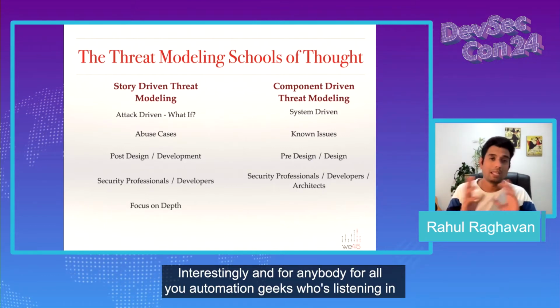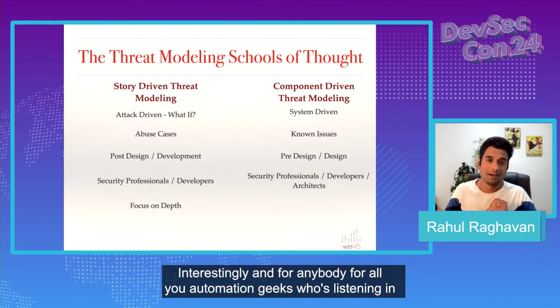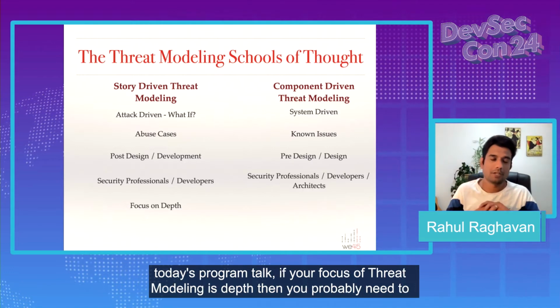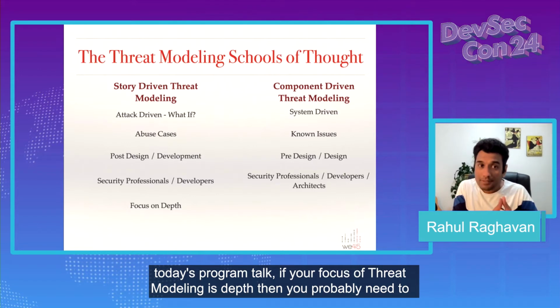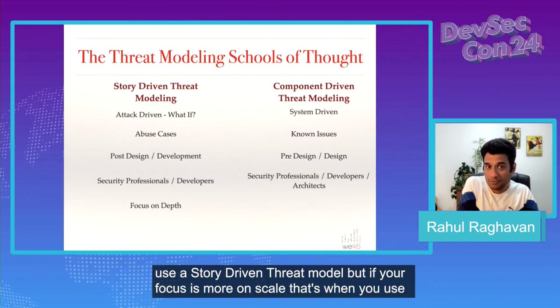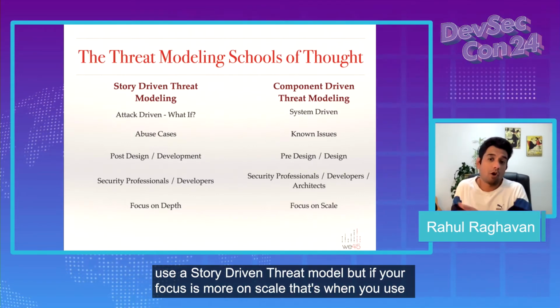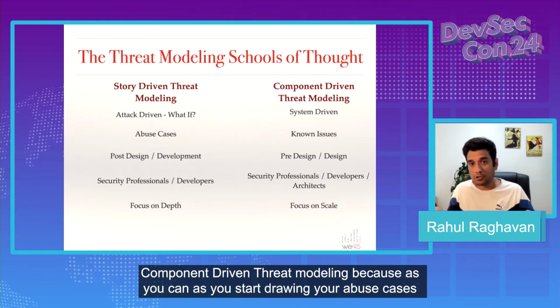Interestingly, for all you automation geeks listening in today, if your focus of threat modeling is depth, then you probably need to use a story-driven threat model. But if your focus is more on scale, that's when you use a component-driven threat model.